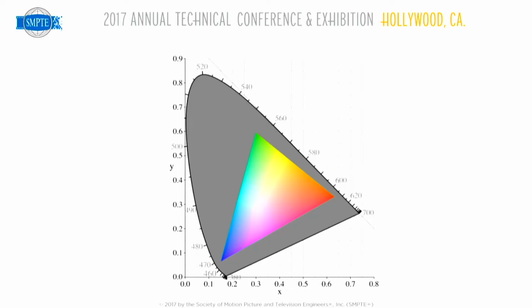So the actual set of colors that any trichromatic-based display is able to create is represented by a triangle. Different technologies have different sized triangles, but they're always limited in the amount of colors that can be reproduced.